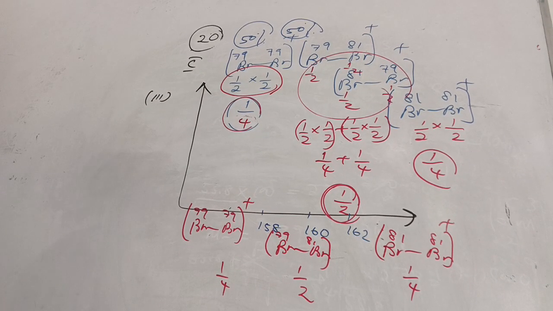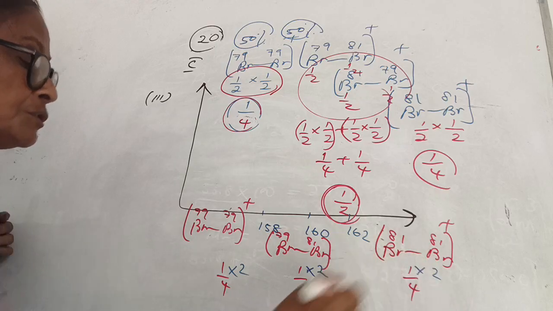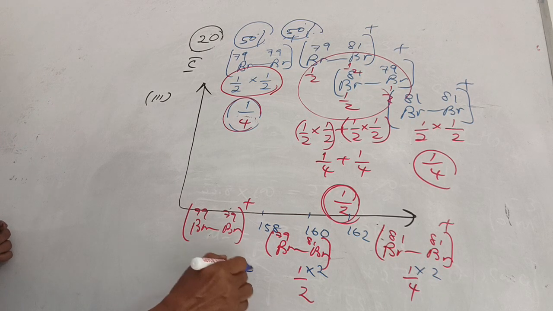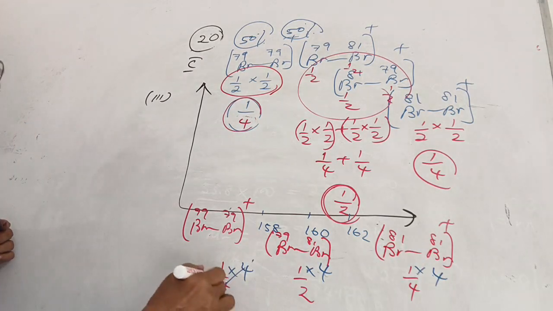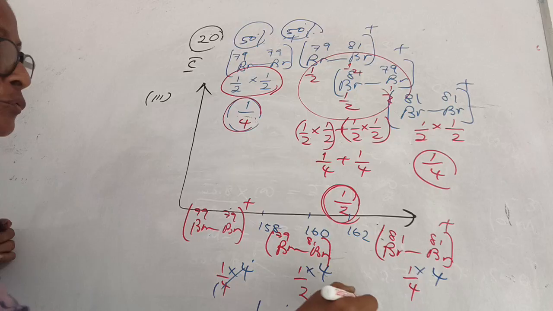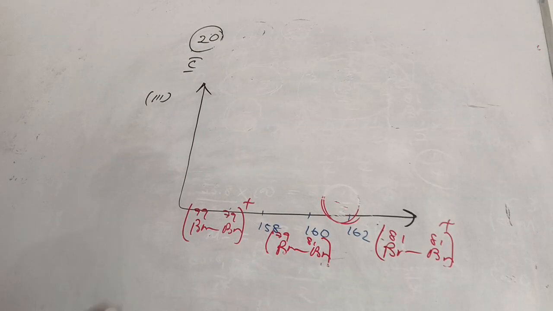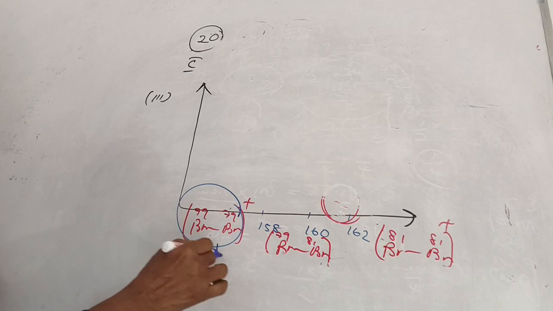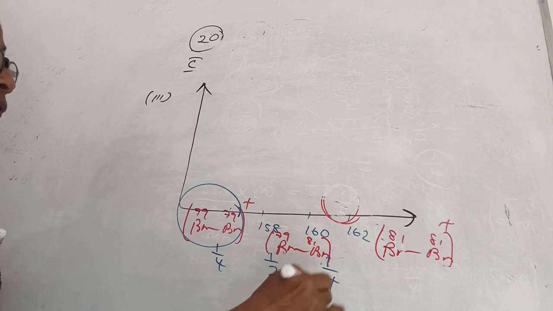So there would be the opportunity for these to exist. Everything can be multiplied by 4, and then the answer is a 1 to 2 to 1 ratio. So the bromine 79, 79, which is 158, exists 1 over 4 times. This is 1 over 2 and again 1 over 4.